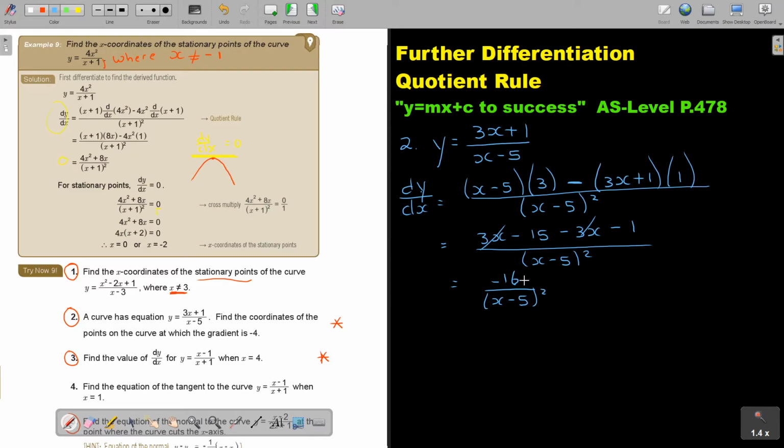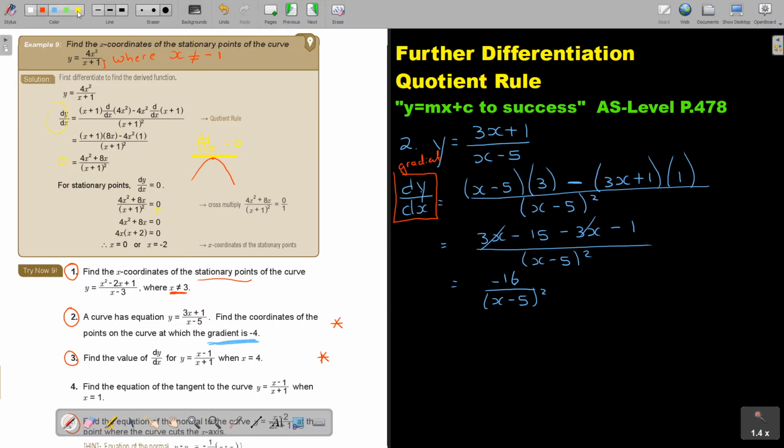Okay, now this is very important. If they give you the gradient, don't forget that, and I'm going to make it red, this represents the gradient. Okay, so then I substitute in the place of dy by dx.